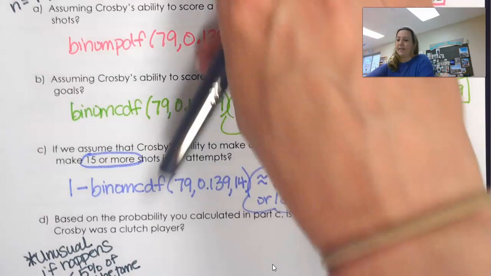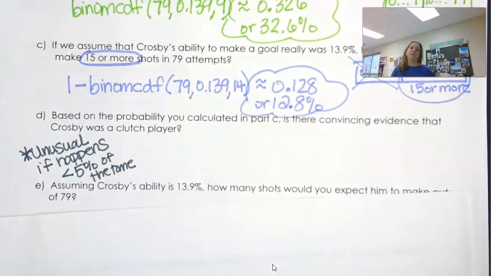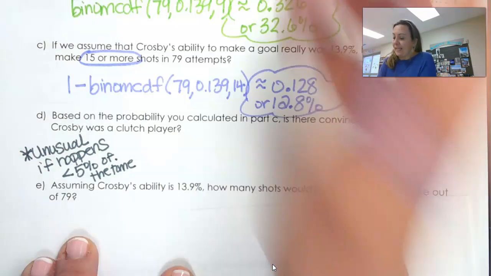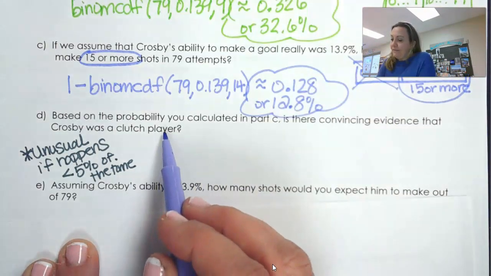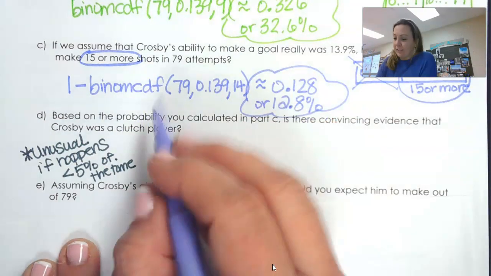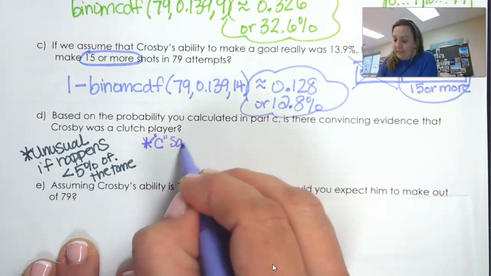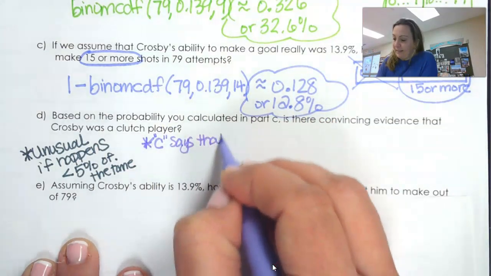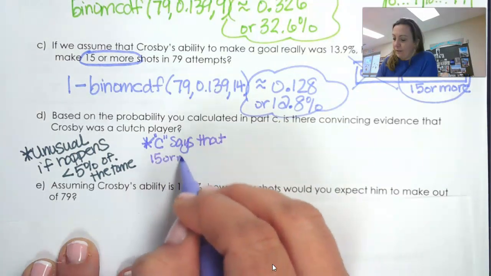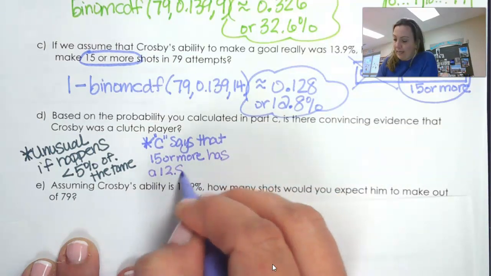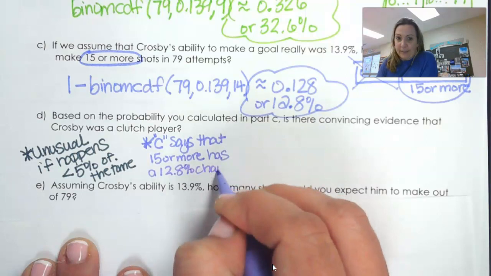So we've said that things are unusual if something happens less than 5% of the time. Well, let's look at what it said in letter C, because that's what we were looking at. The 15 or more shots is what actually happened. And so notice that letter C says that 15 or more has a 12.8% chance of happening.